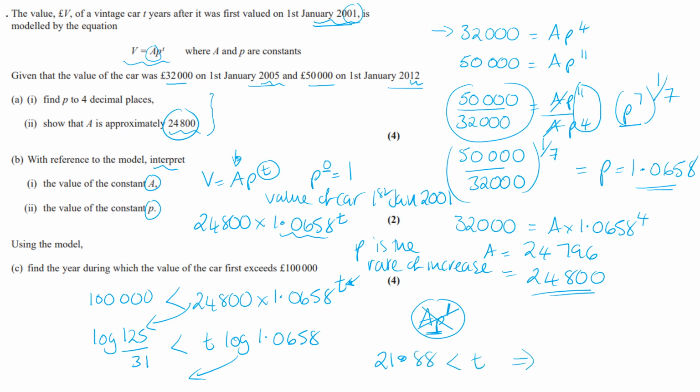So t, the first year to exceed 100,000, is going to be above 21.88. So t equals 22 years. So finding the year, that is going to be 2023, so this year.